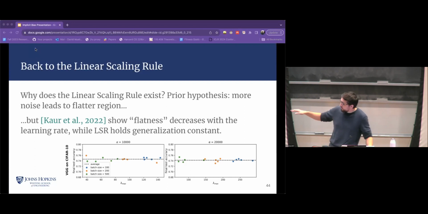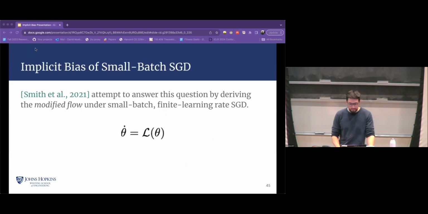And here, follow-up work by Carr et al. showed that the flatness of the solution you converge to, as determined by the max eigenvalue of your Hessian, is determined by your learning rate, but your generalization is still determined by the linear scaling rule, right? So if you scale the batch size with your learning rate, you maintain generalization, but the flatness of the solution you converge to is changed quite a bit, right? So flatness does not quite explain what we're looking at here, this linear scaling rule property.